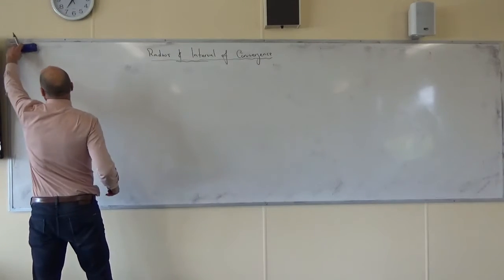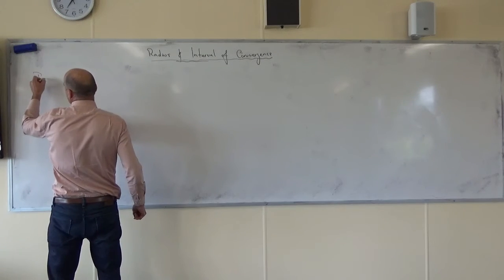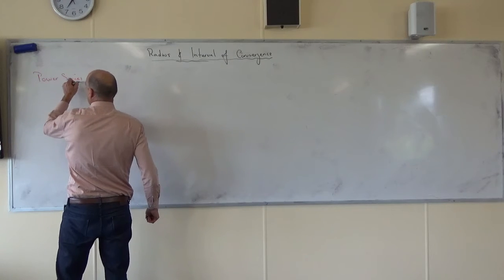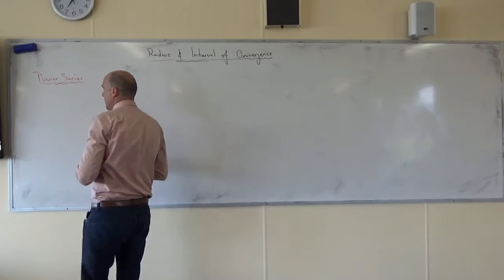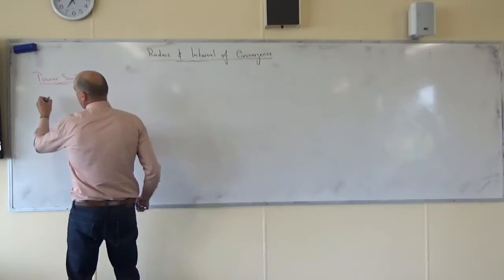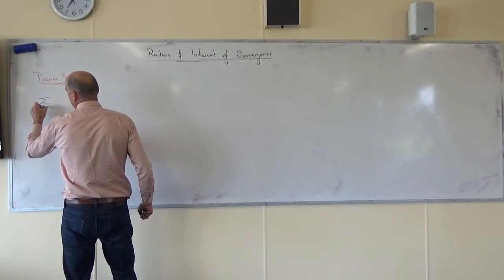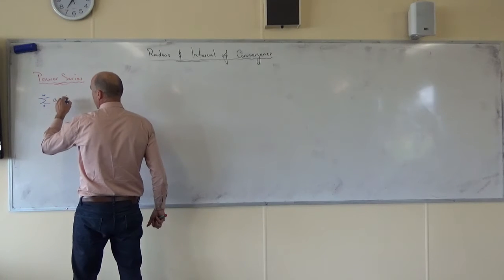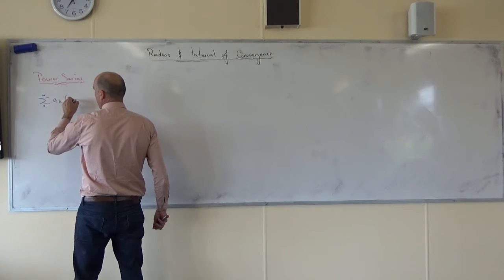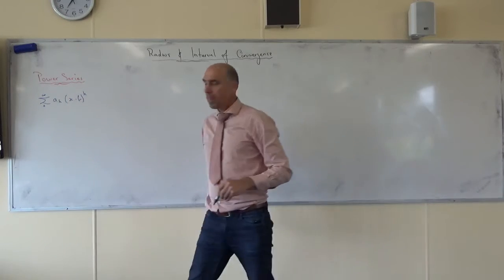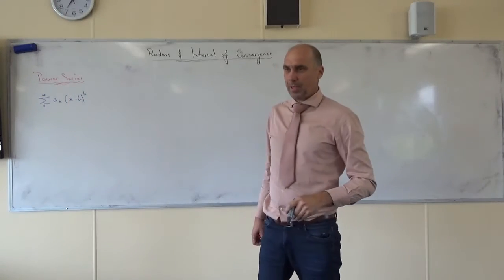So this is what a power series is generally. A power series is something that looks a little bit like this. Like so. So that's a power series. What does that mean?